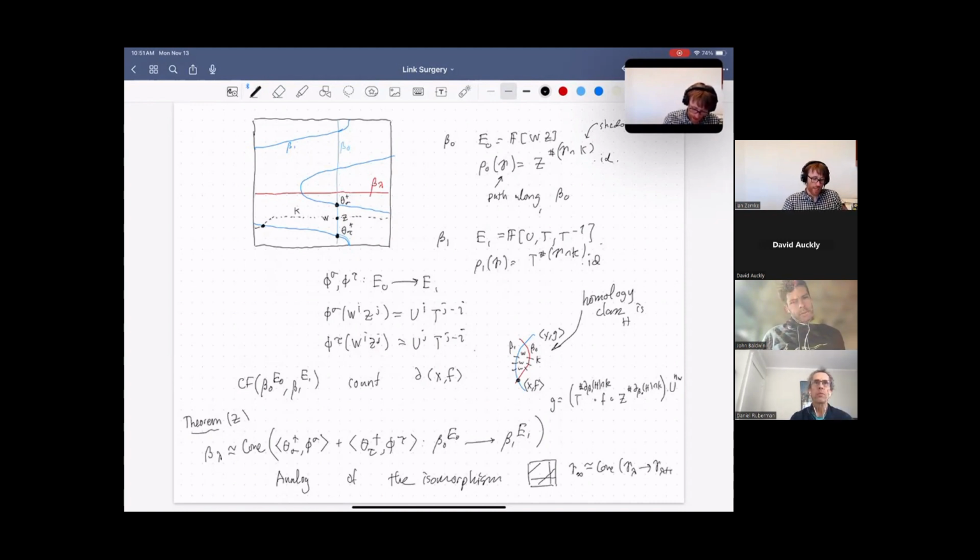And so using this isomorphism, which is a purely local isomorphism, you can define a version of the mapping cone formula basically for any knot in any 3 manifold.